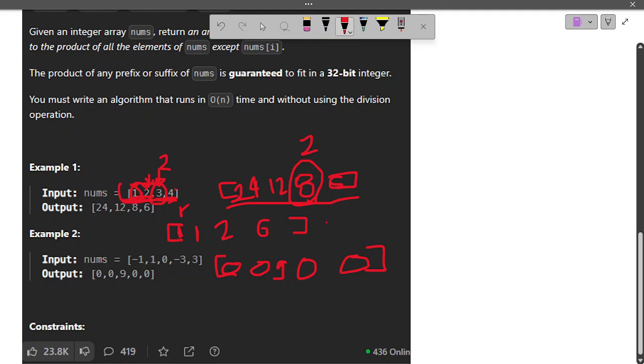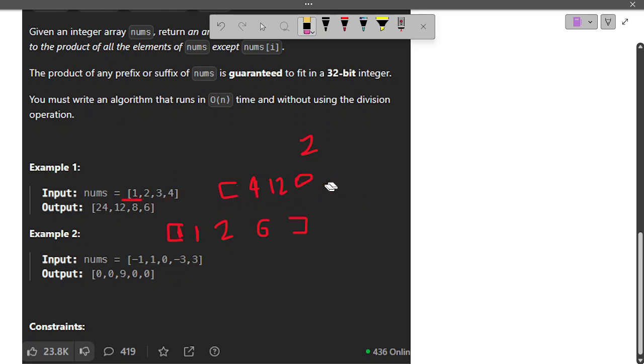Now also find the product of all the right elements. This is the left element array.